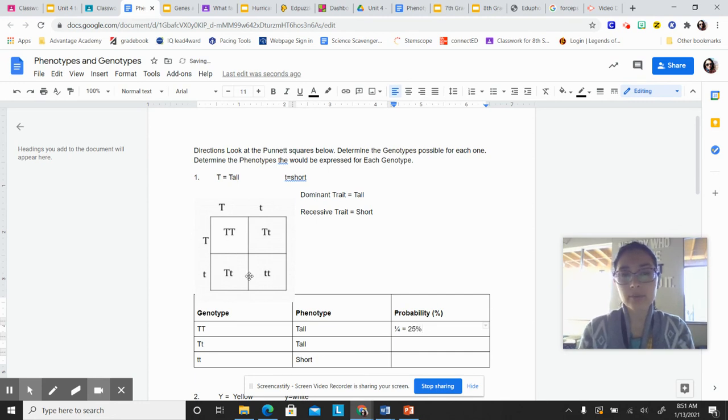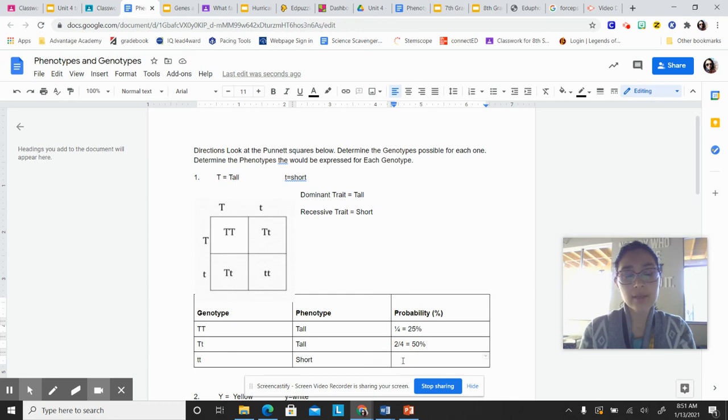There's 4 possibles, okay? So then, what about this genotype here? How many of those do you have here in this box? So hopefully you said 2. And there's how many boxes? Hopefully you said 4. Okay, so 2 out of 4 is 50%. You have a 50% chance of getting this genotype.